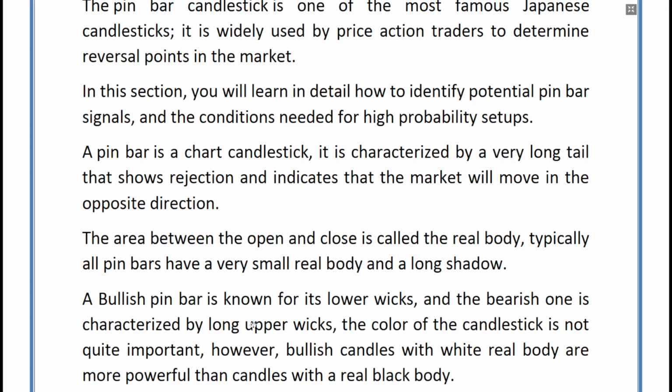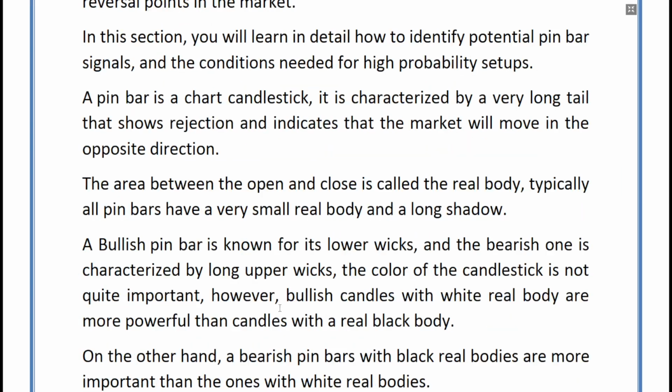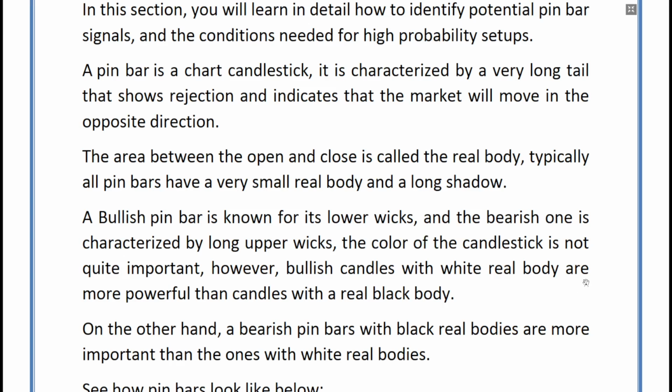The color of the candlestick is not quite important. However, bullish candles with a white real body are more powerful than candles with a black real body.